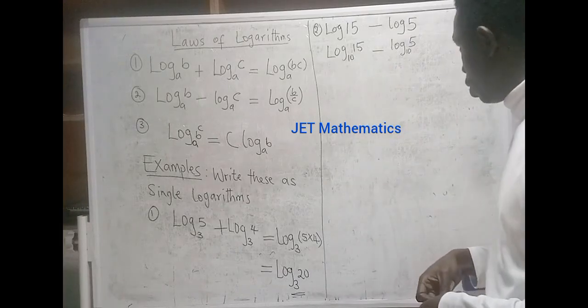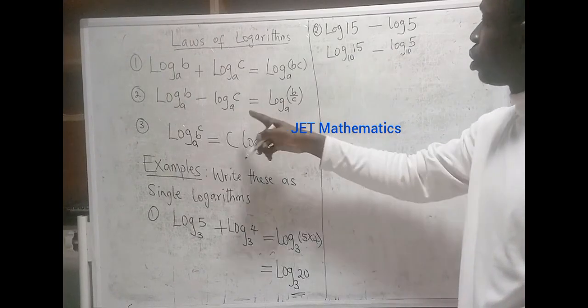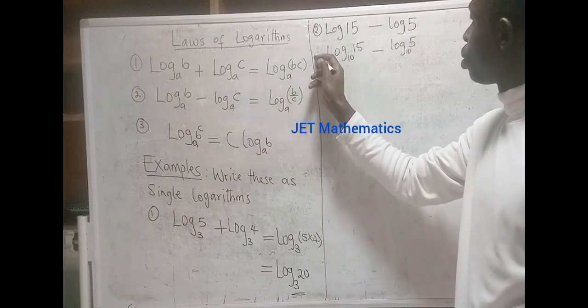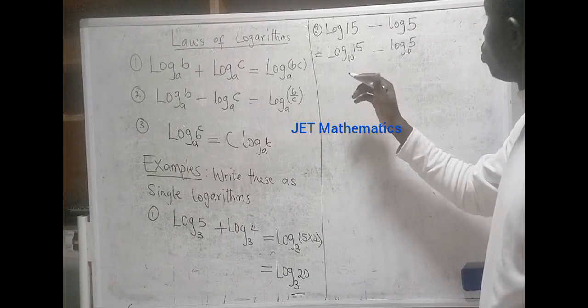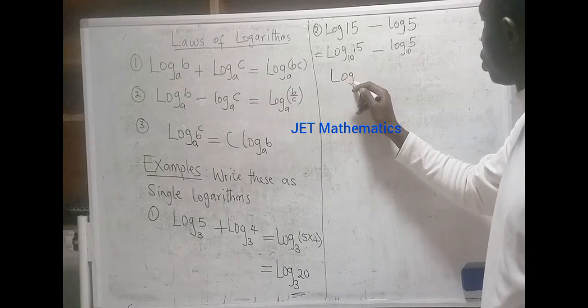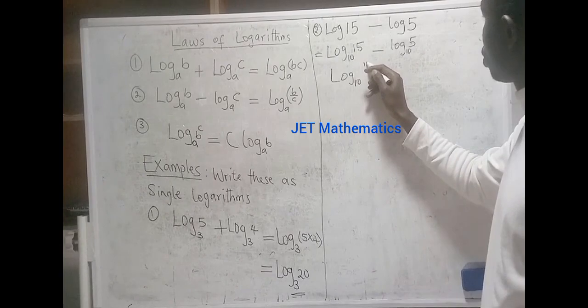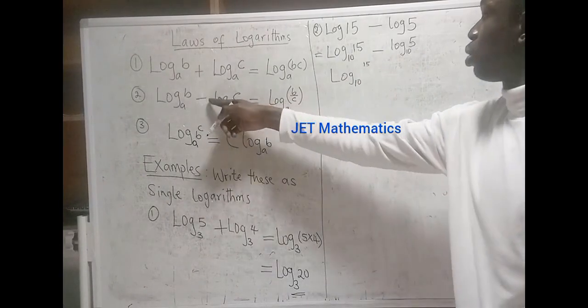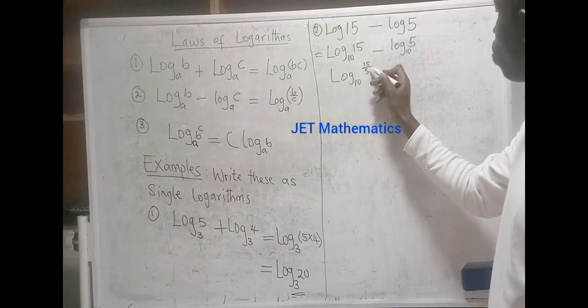Right, let's finish this up using the second law. Using the second law, we say this is log base 10 of 15 divided by 5, since it's subtraction and we divide.